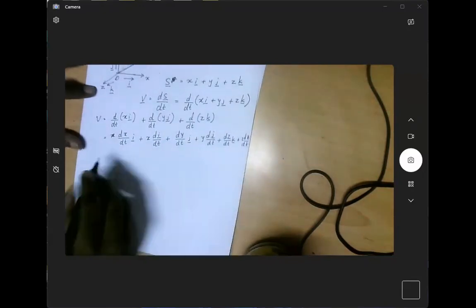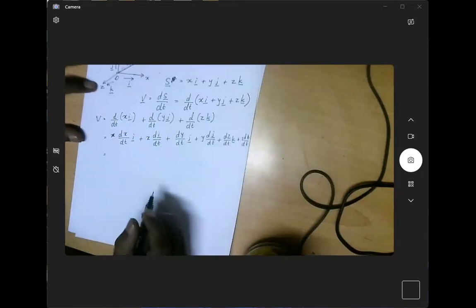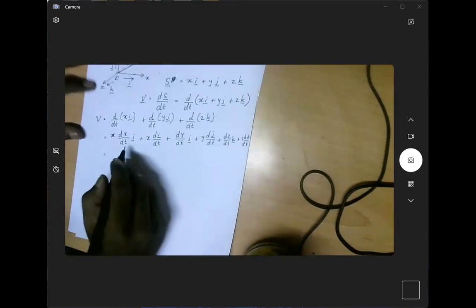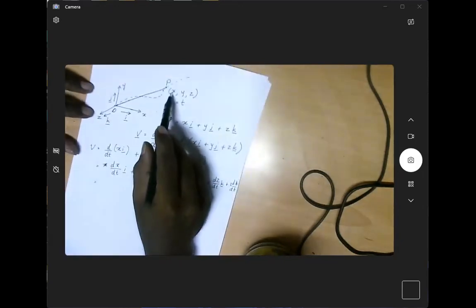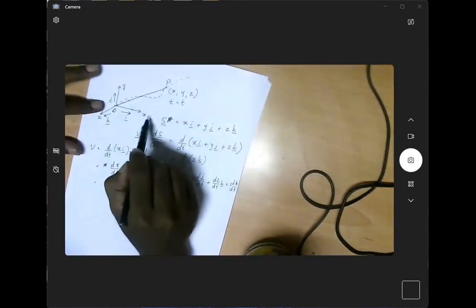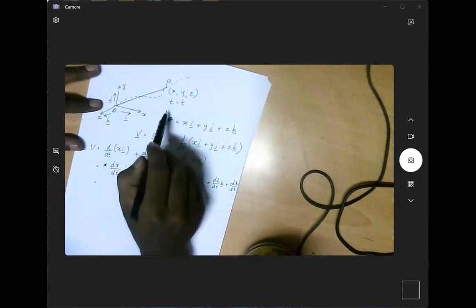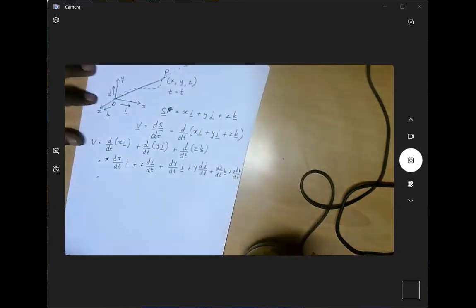So now we need to see what these quantities are. dx over dt, definitely we know that x gives the position along the x direction, so it is going to change with time, right?